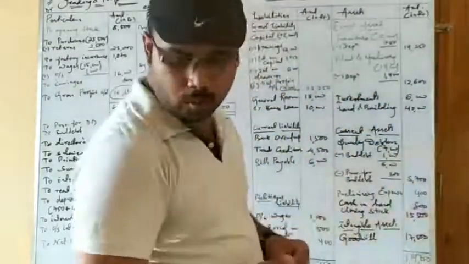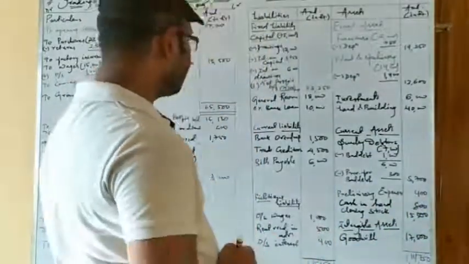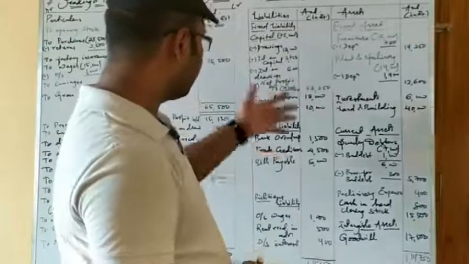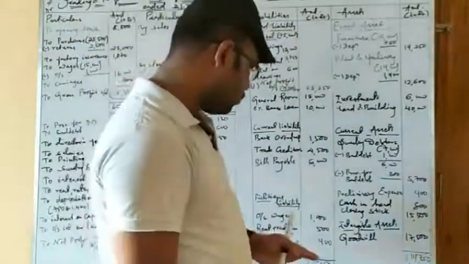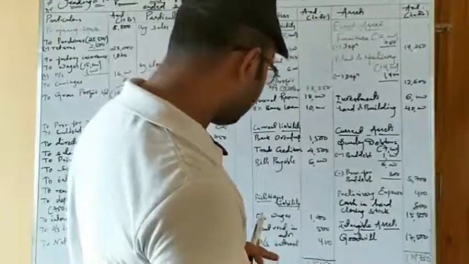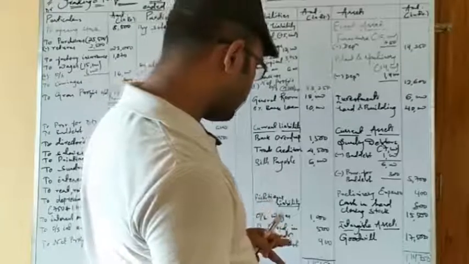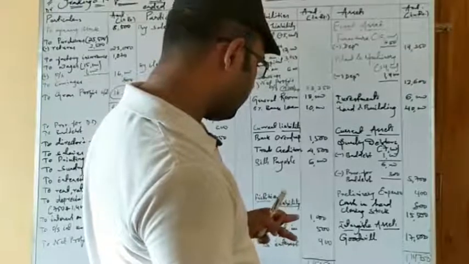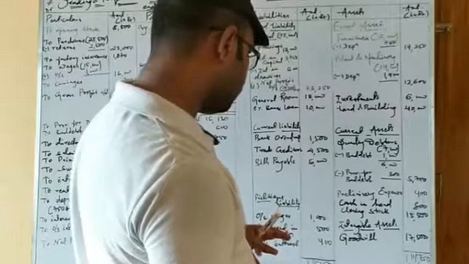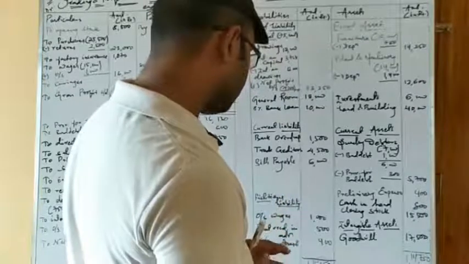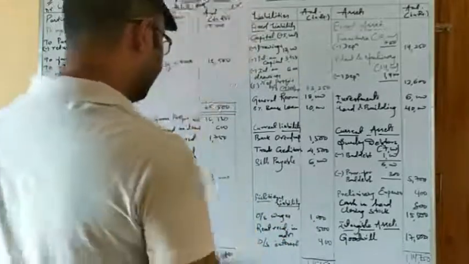So the asset side total is coming correct, that is 1,14,750. Let us check what mistake we have made in the totaling of the liability side, because we are getting a slightly higher amount, which is wrong. So 400 we are getting in excess over here.